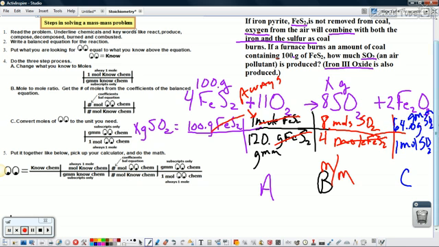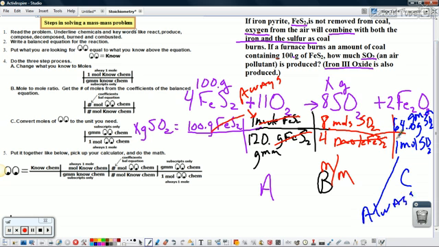Otherwise, we'll end up with the wrong number of significant figures according to the answer. Whoever did this online didn't fix that. I fixed it for next year. All right. So I take out my calculator. I say 100 divided by 120 times 8 divided by 4 times 64. This 1 is always a 1.